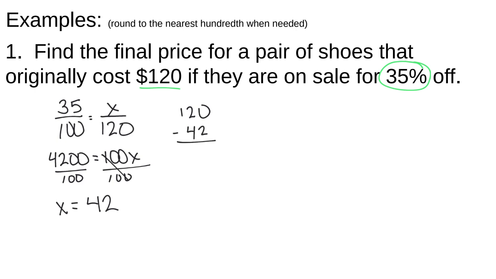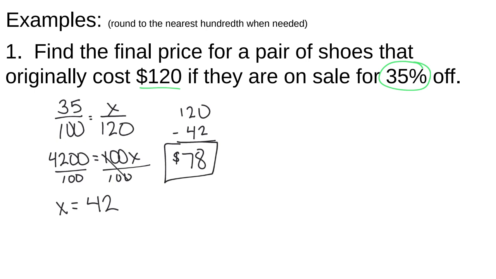If we subtract them, we will find what we paid, which is $78. The part and the percent have to correlate with each other. 35% is the part that we saved. So our x value, 42, is the part in dollars that we saved. We would then have to subtract that from the original price to find what we paid.